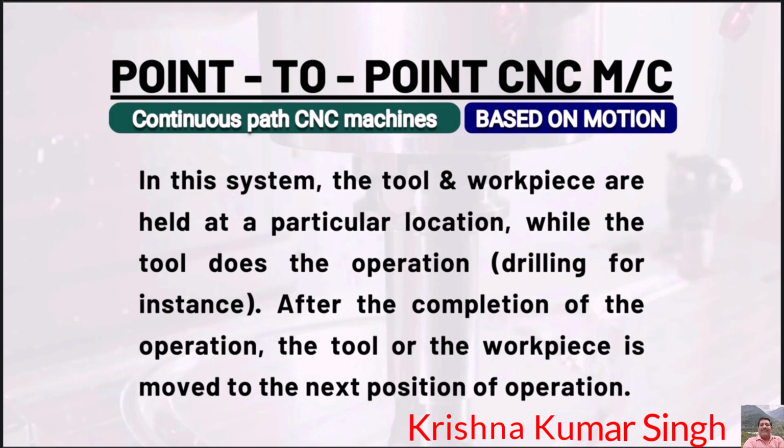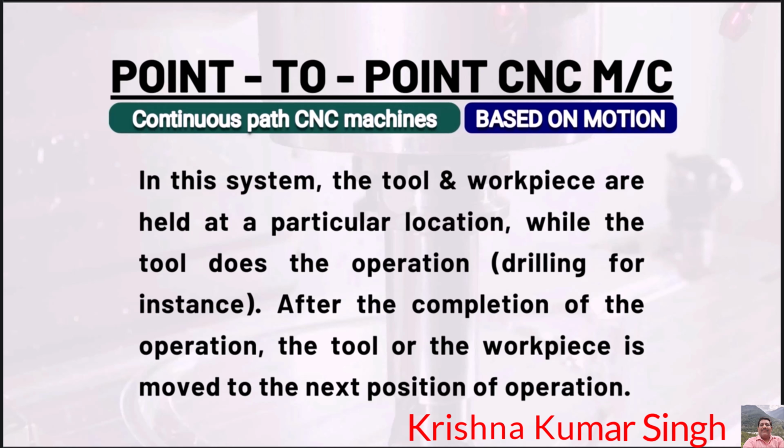In this system, the tool and workpiece are held at a particular location, while the tool does the operation like drilling, for instance. After the completion of the operation, the tool or the workpiece is moved to the next position of operation. The cycle is repeated until all the operations are completed.